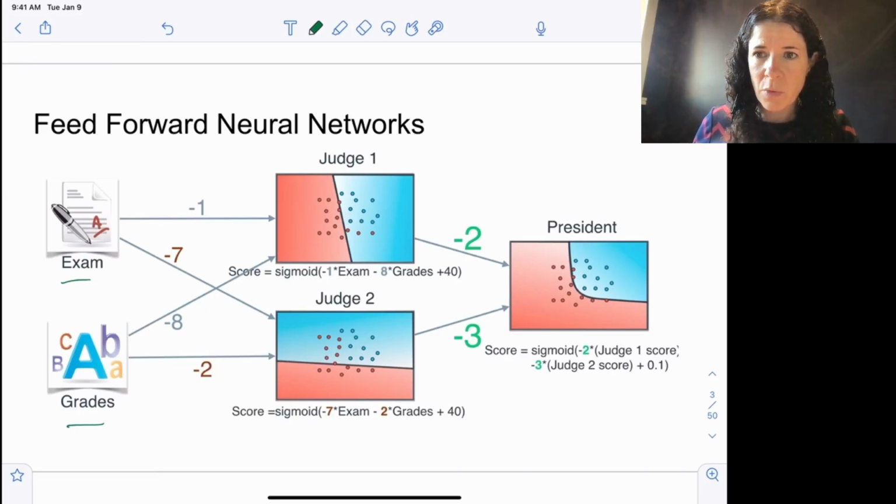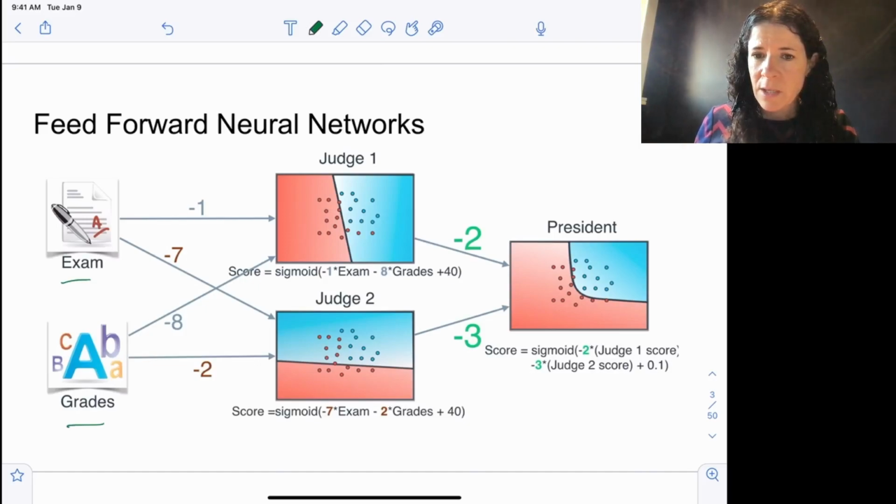Okay, so the function that judge one is computing is a linear function of the input variables and then a nonlinear function. In the same way, judge 2 is computing a linear combination of the input variables and then a sigmoid on top.